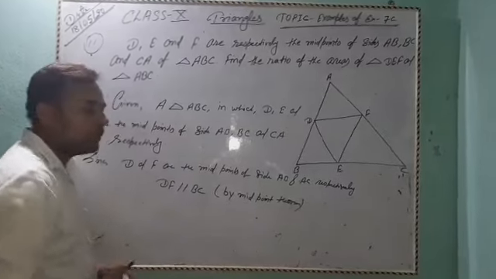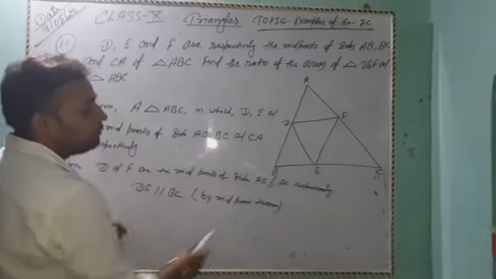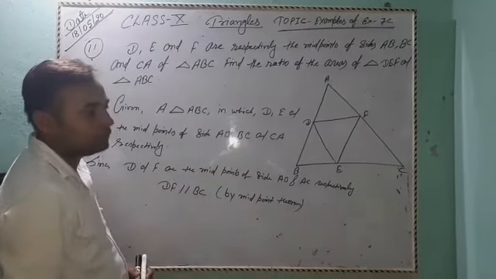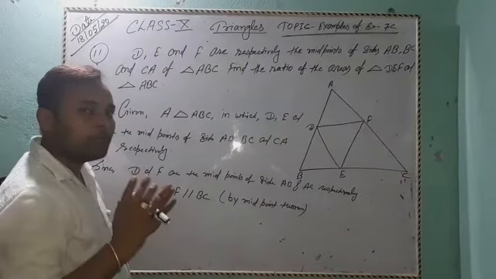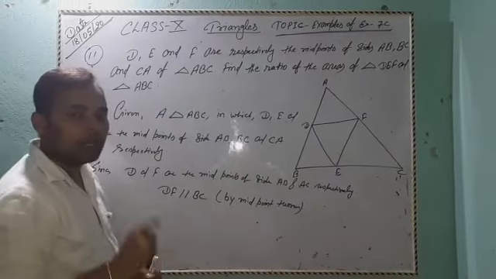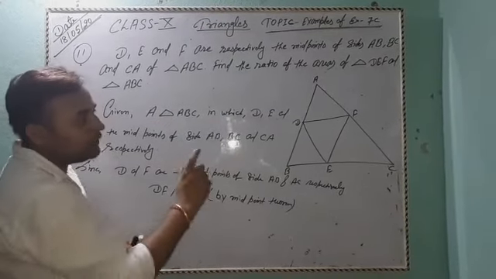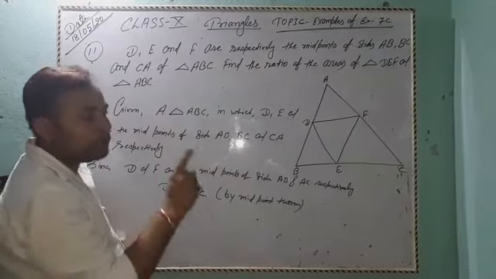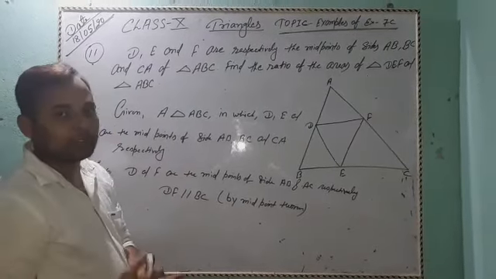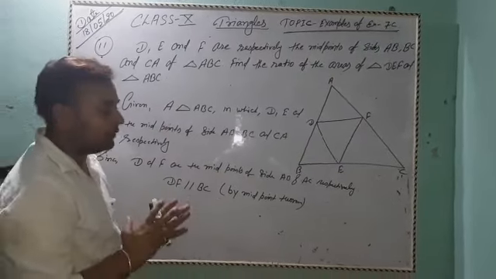Okay. What do you mean by midpoint theorem? The line segment joining the midpoints of any two sides of a triangle is parallel to the third side and half of it. Okay.